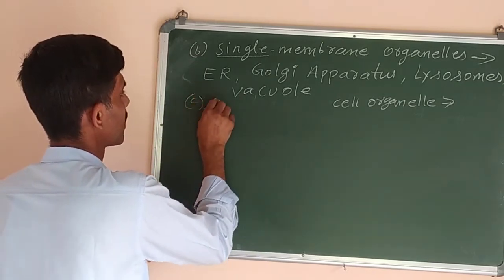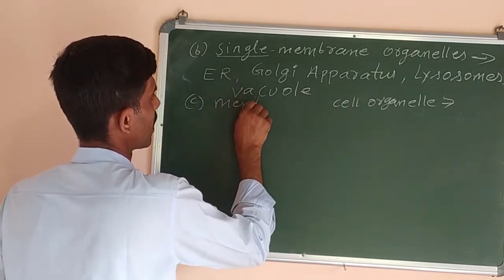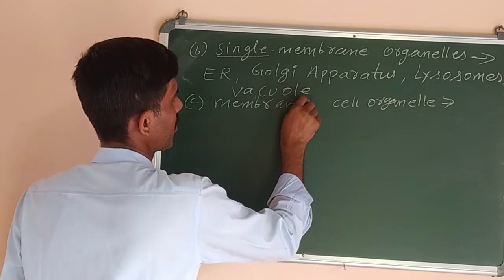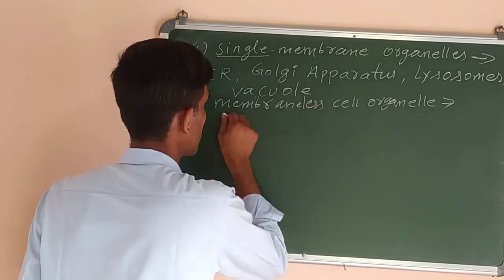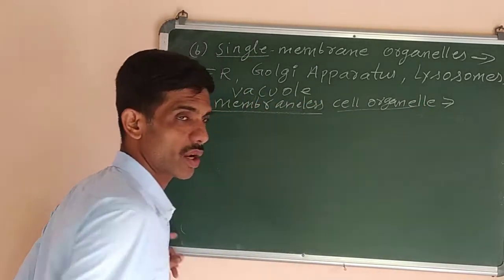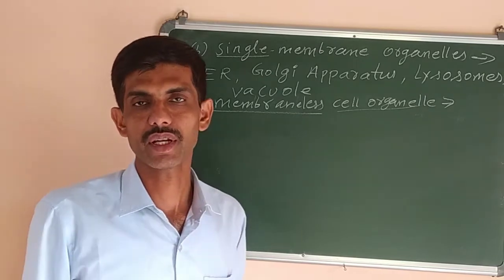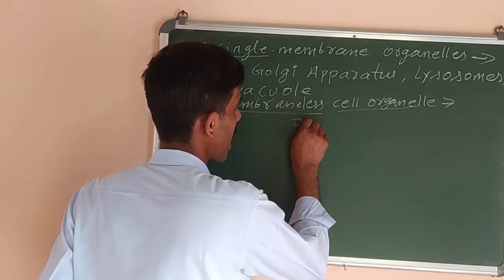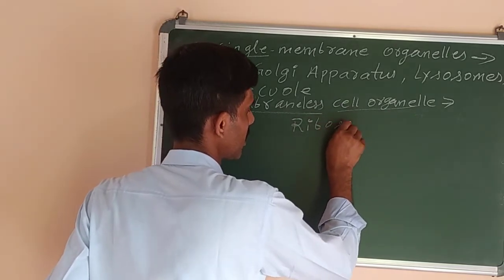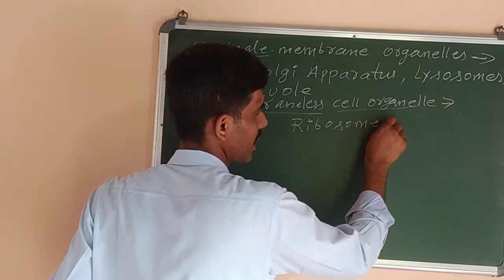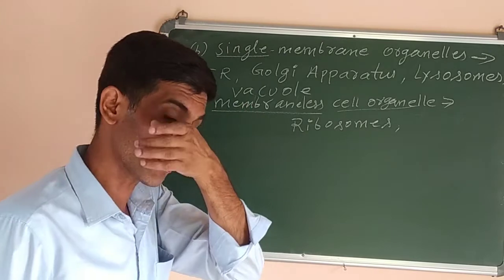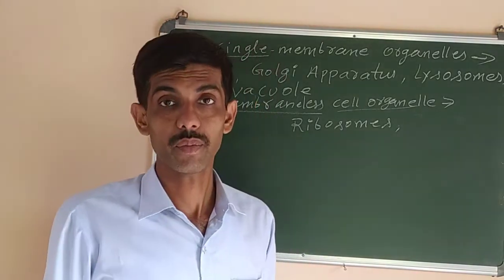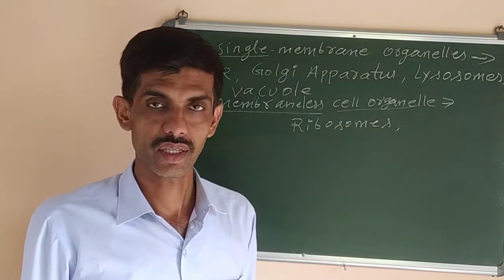Number C, membraneless cell organelles. Such cell organelles in which membrane is absent or lacking. The answer is ribosomes are such a cell organelle which has no membrane in it. Ribosomes. And you know what is the function of ribosomes? It helps in protein synthesis.